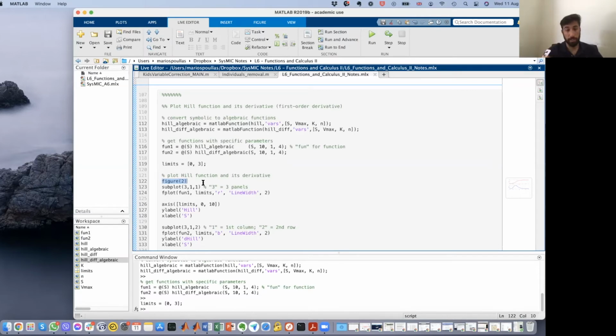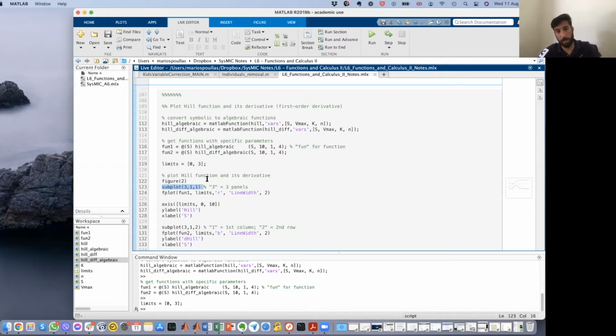So I'm creating a new figure named figure 2. And you might have noticed that I'm using the subplot. It's in order not to plot a single plot for each of them, but to plot all the curves in one plot, and I distinguish them in 3 panels. So I'm going to have 3 panels, one below the other. At the moment, we are going to have just 2.